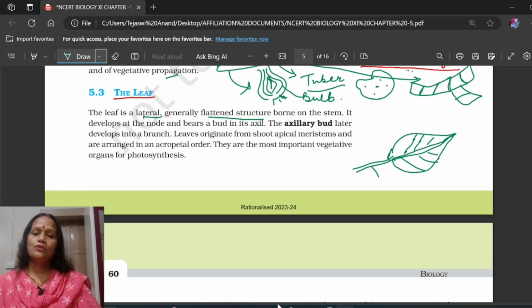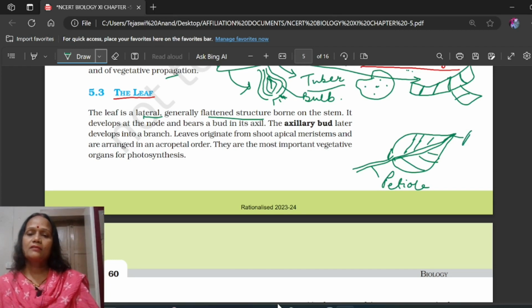So this is the petiole. This is the leaf apex. This broader part is called lamina. We can call it blade also, lamina or leaf blade. And this is the midrib. These are veins.